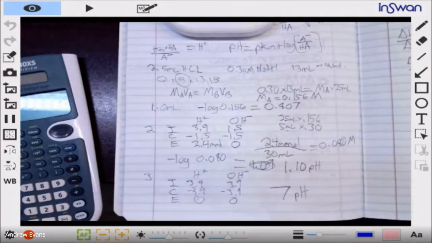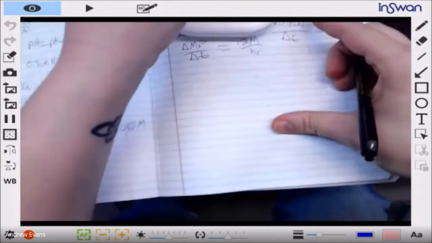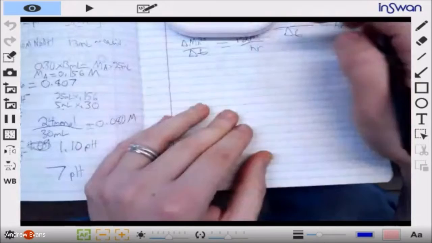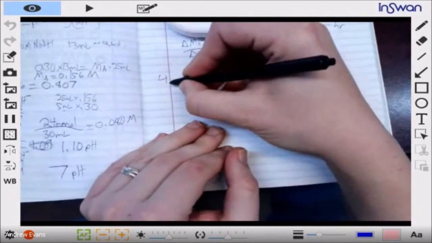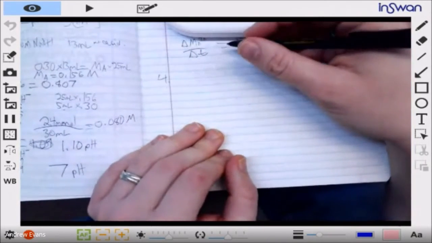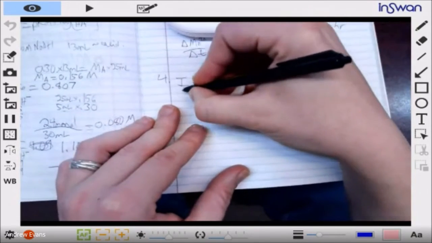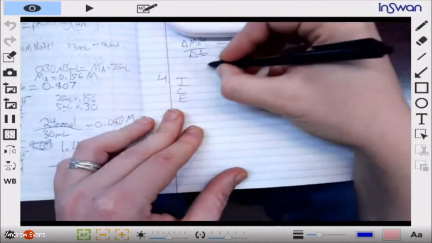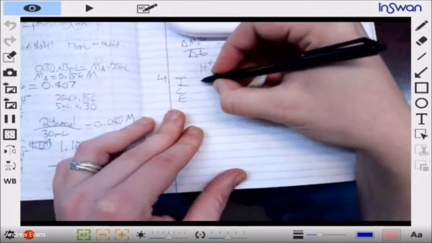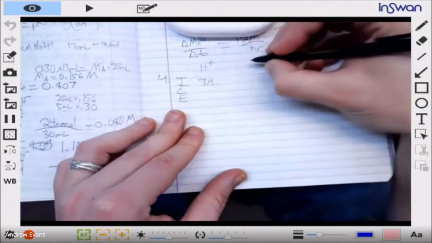So we don't actually have to do that one. But point 4, the fourth point, we do it one more time. ICE. The beauty of this is the amount of acid we've added will not change.